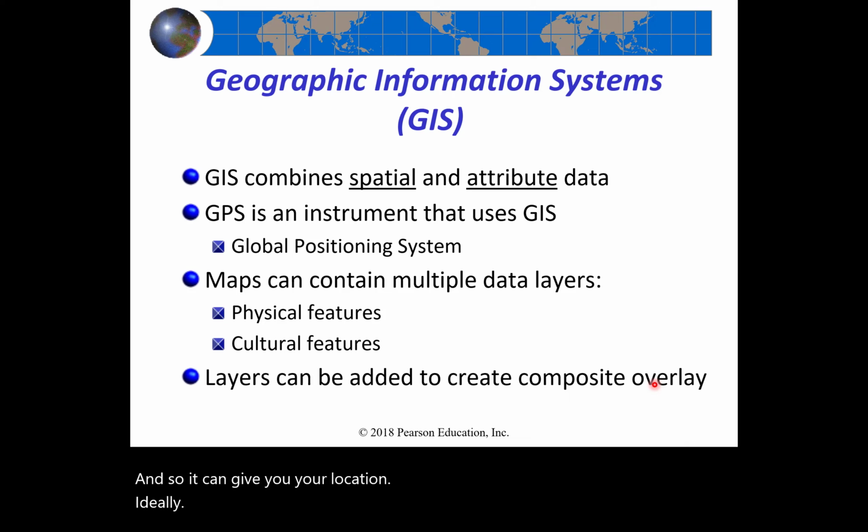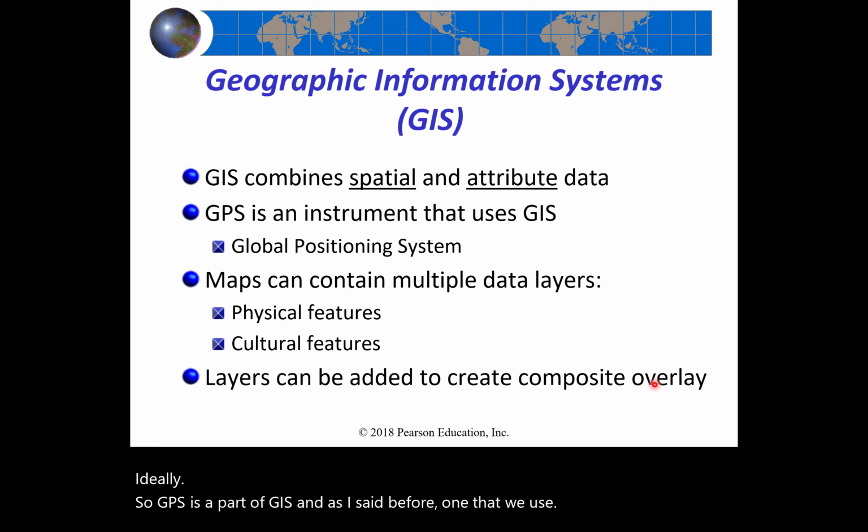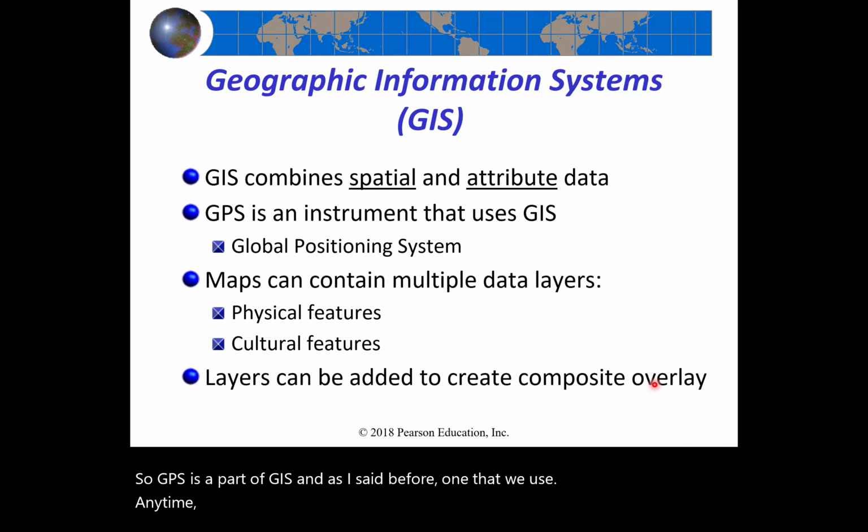So GPS is a part of GIS, and as I said before, one that we use anytime that we open up our phone and are looking for directions. I use it a lot, trying to find a gas station, or what's the closest grocery store, boring stuff like that. So that's all GPS.